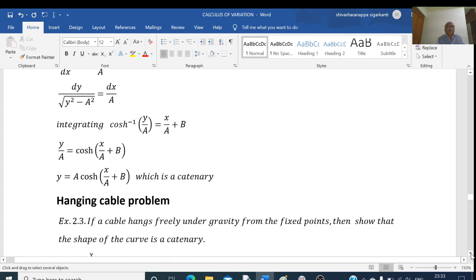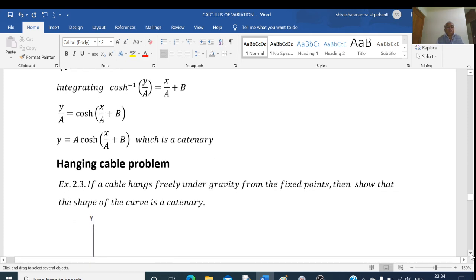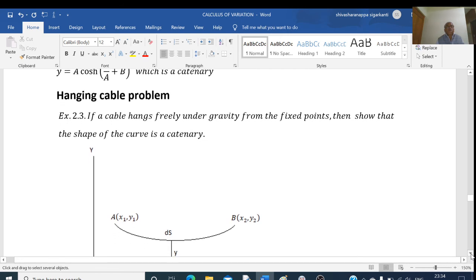And the next one more problem is there. Hanging cable problem. The problem is, if a cable hangs freely under gravity from the fixed points, then show that the shape of the curve is a catenary.